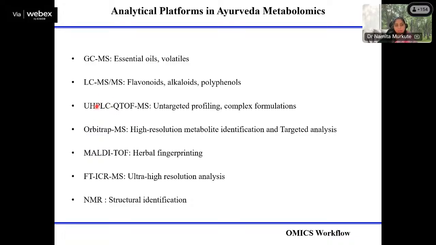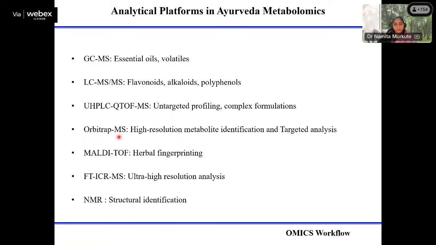In HPLC you fractionate your sample, say you get 20 fractions of the sample you injected, and then you give one fraction at a time to the mass spec for identification of your compounds. So the complexity reduces in UHPLC, and you can identify 100% of the compounds.